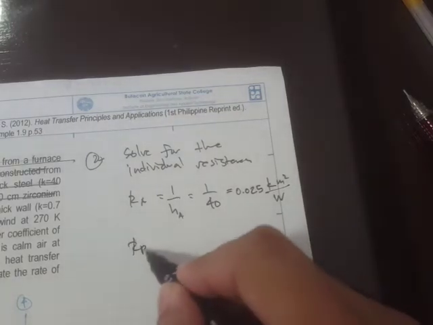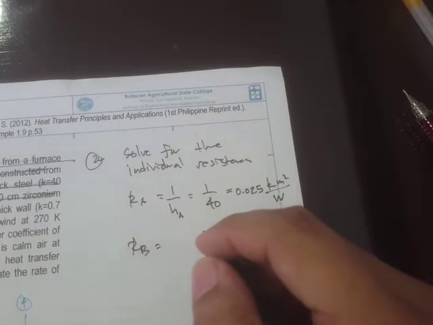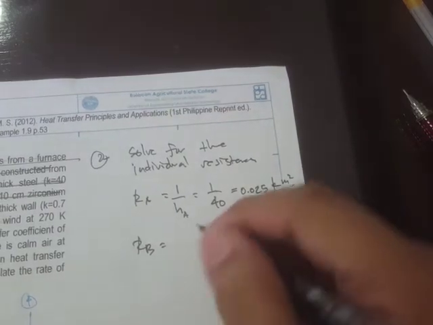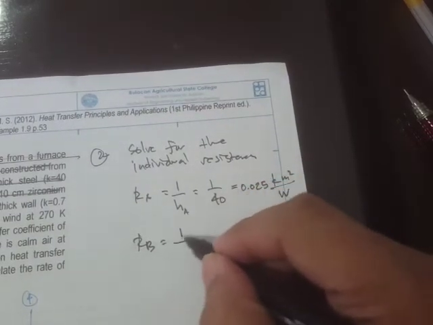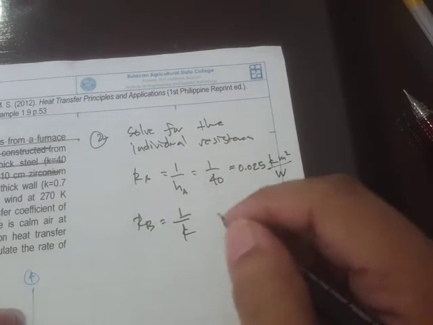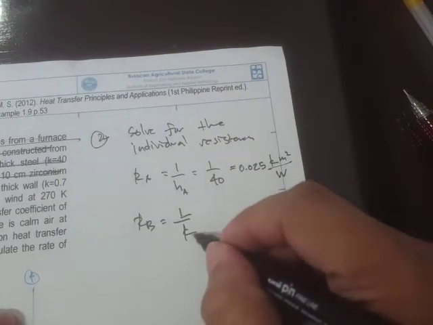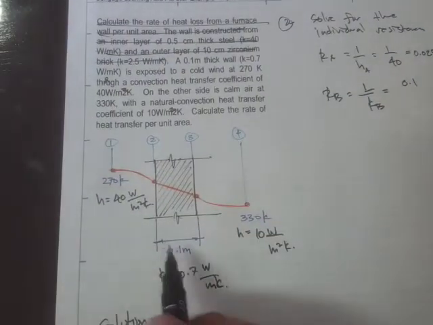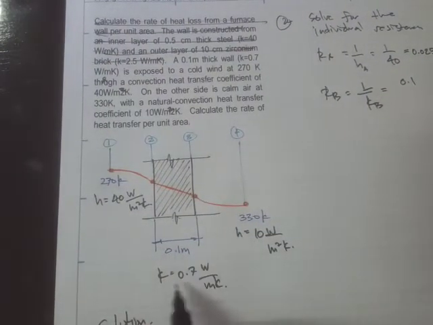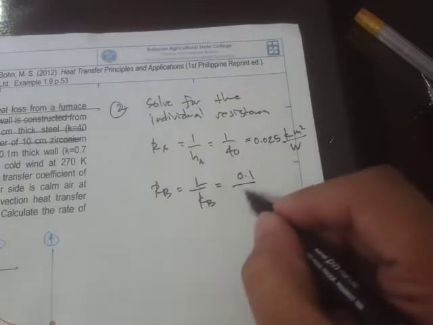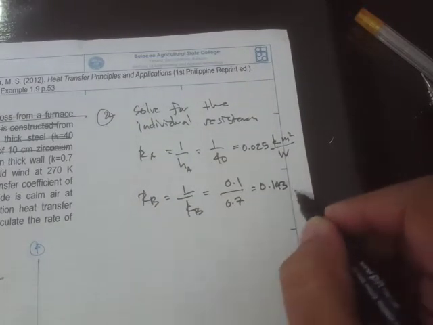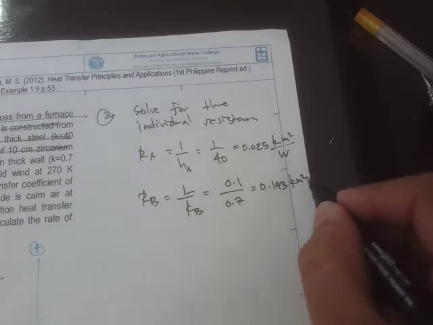And for R sub B, this is 1 all over, L over K. Of course, K sub B is equal to 0.7, and the thickness is 0.1, divided by this K. So this is equal to 0.143 Kelvin meter squared per watts.